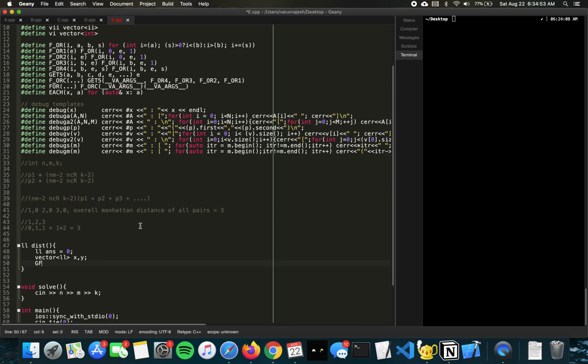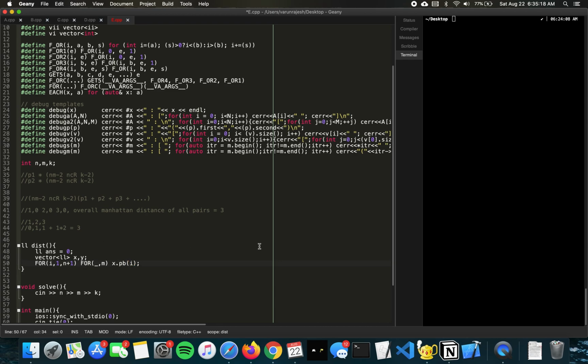And so we'll have for i from 1 to n plus 1, oh whoops, we need that, and then for 1 to m, then x.push_back(i), right?